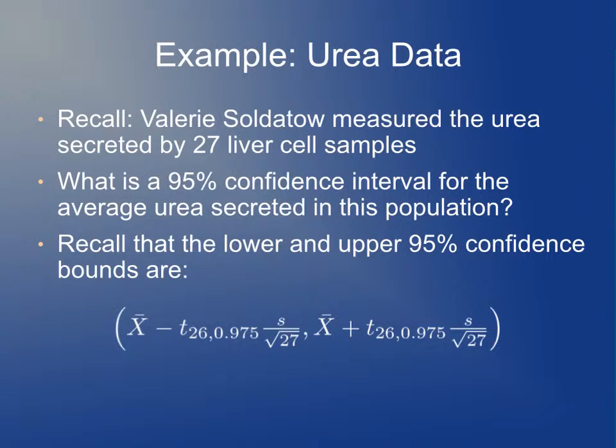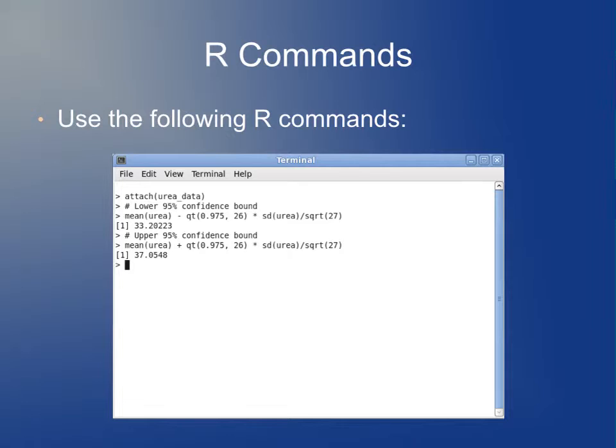So how would we do that in R? I read in the data, and then I take the mean of the data. To calculate the appropriate quantile of the t-distribution, the command in R is called qt. I want the 97.5% quantile with 26 degrees of freedom, times the sample standard deviation of the Urea data divided by the square root of the sample size.